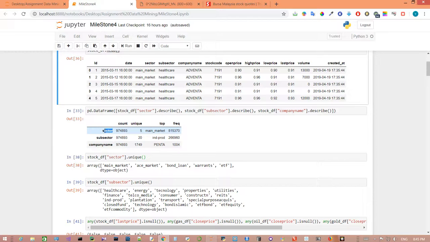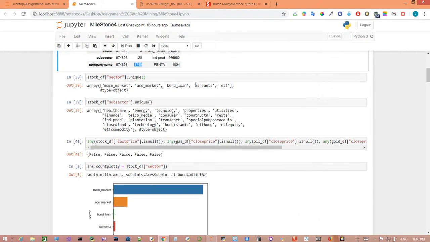Our sector has 5 unique values, and the most frequent value in sector is main market. Subsector has 20 distinct values with about 260,000 rows, and company names, which I have more than 1700 companies in this dataset.